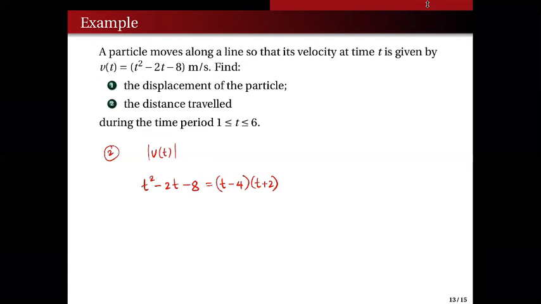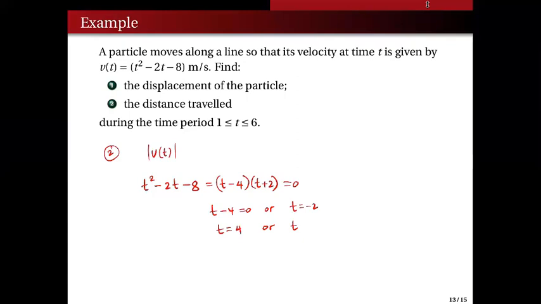Okay? You write a table of signs. So in here, if you equate this to 0, this means that t minus 4 equals 0, or t equals 4.